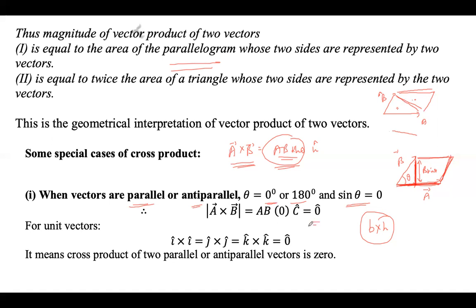So when two vectors are parallel or anti-parallel, the vector product will be 0. That's why when you find I cross I, j cross j and k cross k, these are all equal to 0.